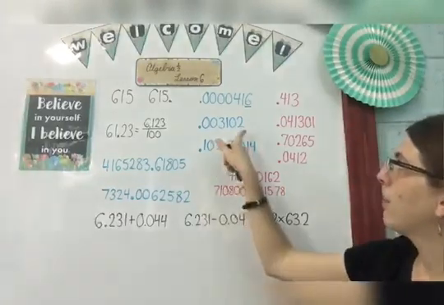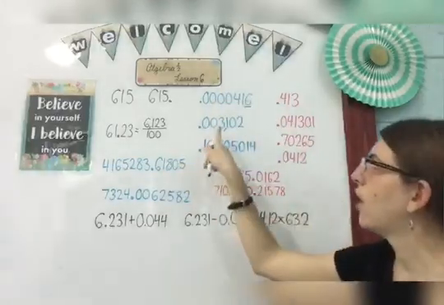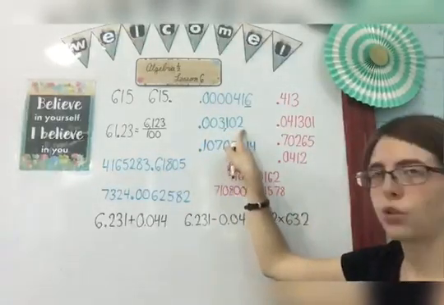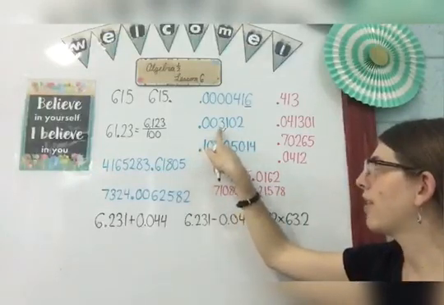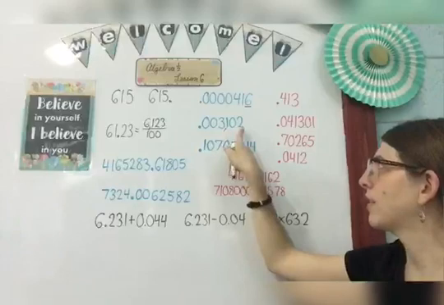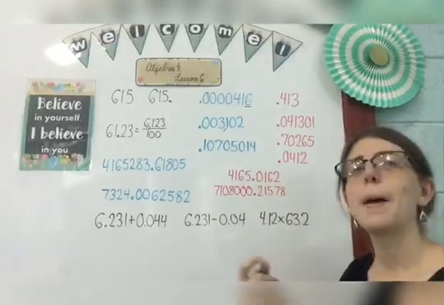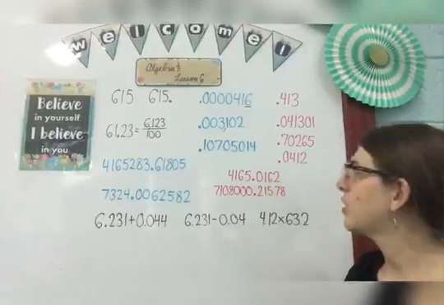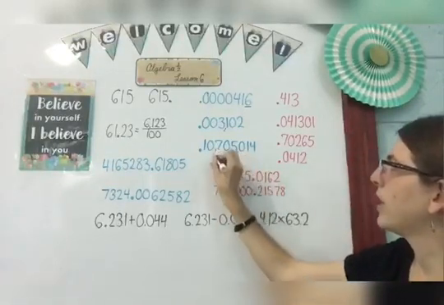Here I have 1, 2, 3, comma. Help me read it. 3,102, but now I need to know tens, hundreds, thousands, 10,000s, 100,000s, millionths. So this is 3,102 millionths. Let me try this one. 1, 2, 3, comma. 1, 2, 3, comma.